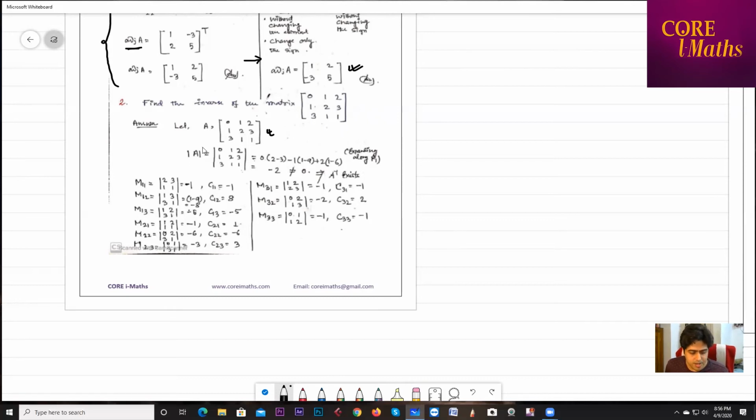So here the determinant value of A is -2, which is not equal to 0. So A inverse exists as A is non-singular.